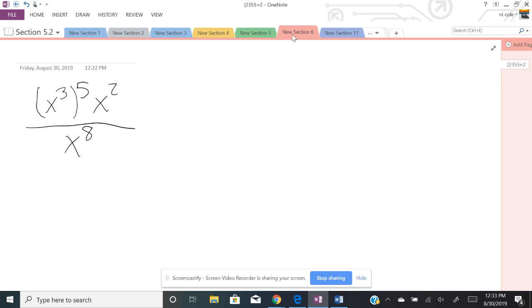Ooh, what about this problem? This is just a multi-step problem. So I'm going to use the power rule for this.